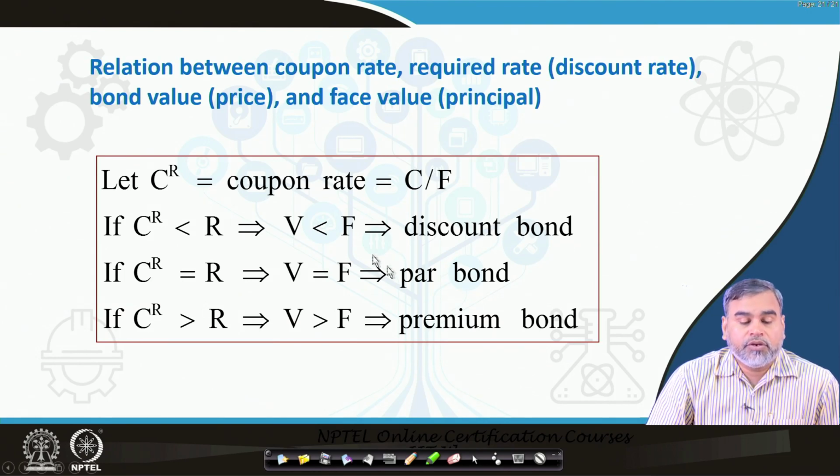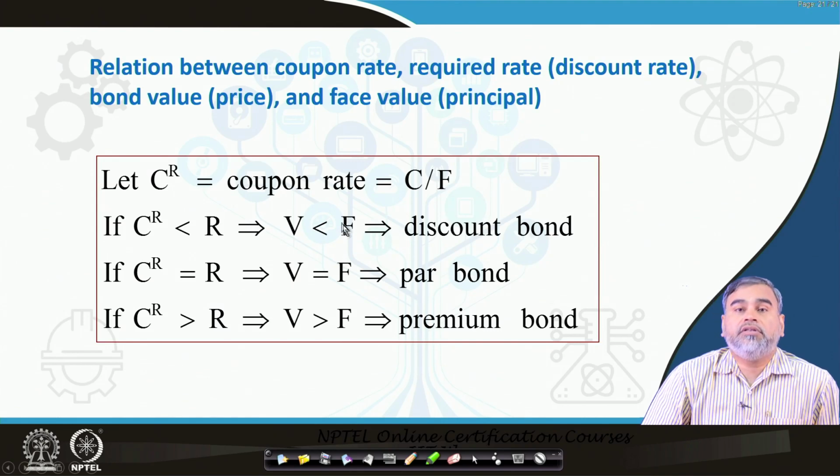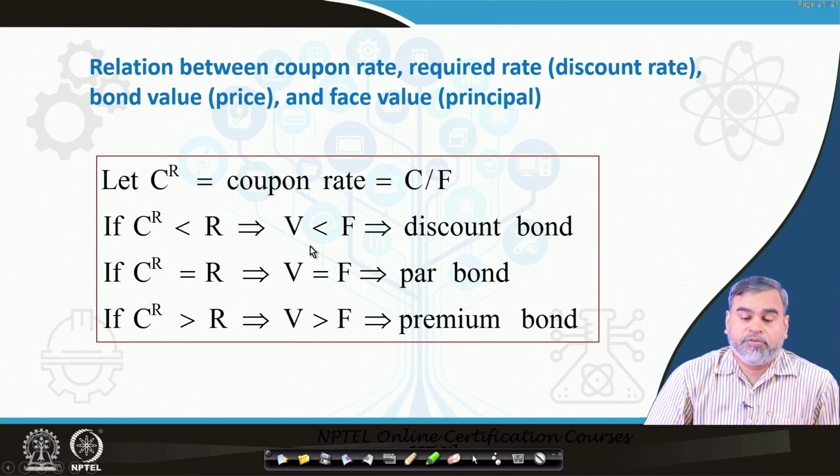But if the coupon is lower than the discount rate, then the market value of the bond is less than the face value or the par value. We have already seen that the coupon was 9% and the discount rate was 10%, the face value was 1000, but the value of the bond was 938.55 in the previous example.